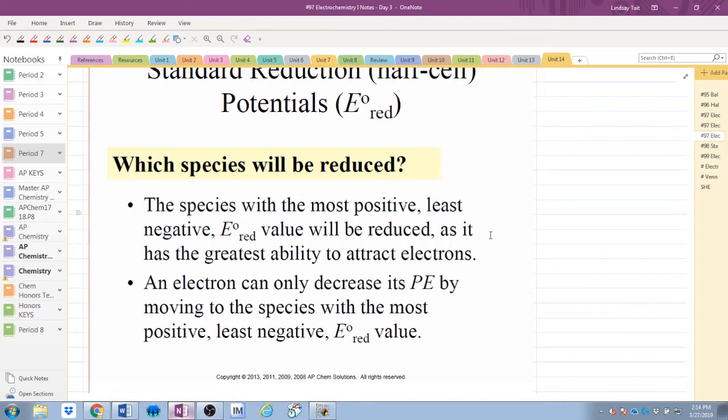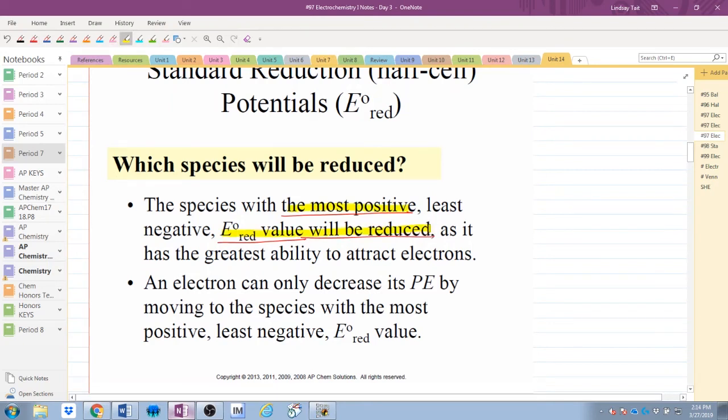So in order to make this a downhill situation, one of them you're going to have to flip, and you got to pick the right one to flip and make it an oxidation. So how do you know which one to flip? Well, I'm actually going to teach it in terms of which one you know you don't flip. And that is you will not flip the most positive reduction value, the most positive standard reduction potential.